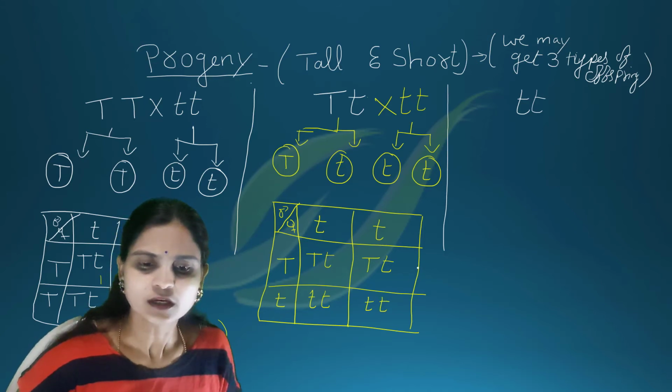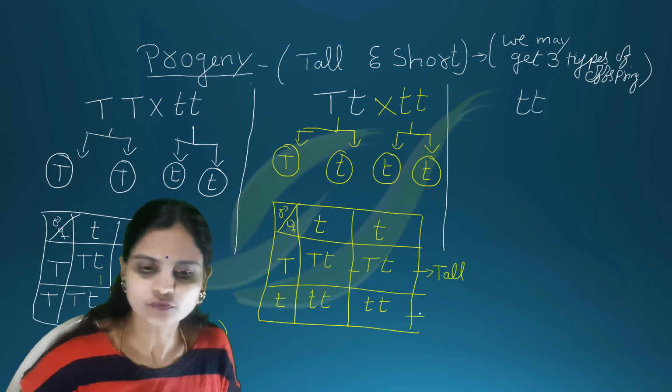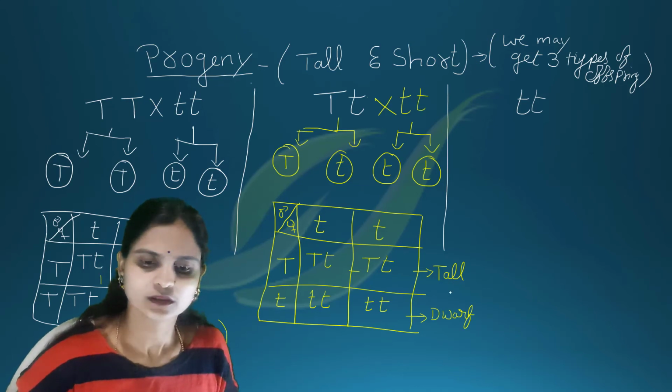Here you can see these two are heterozygous tall, both of them, and these two are dwarf. So here you have both phenotypes, tall and dwarf.